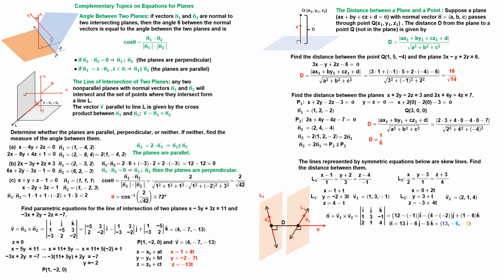We can do this by substituting any convenient value of t in the parametric equations of line 2. The simplest choice is t equals 0, which yields the point Q. Now we use the point Q and the normal vector to write an equation for plane 2.